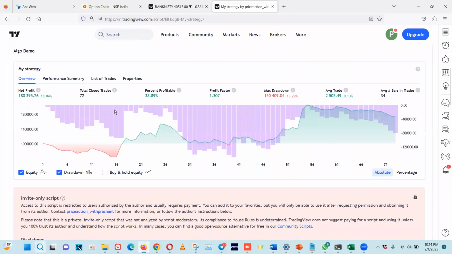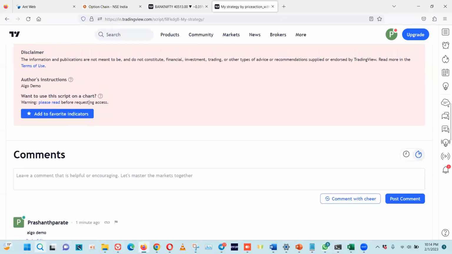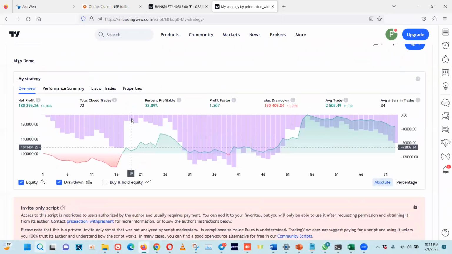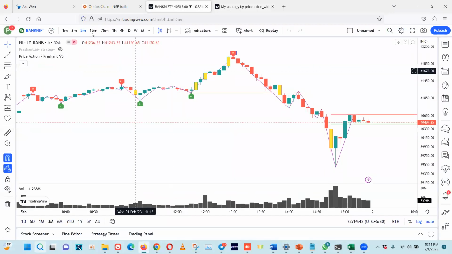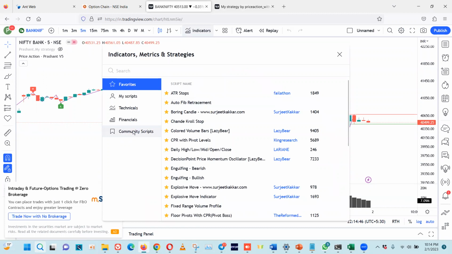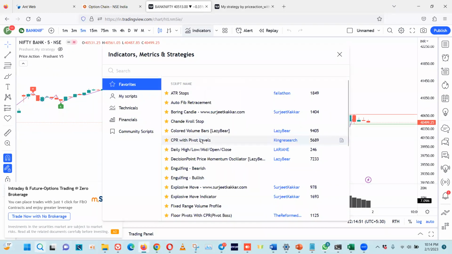From here, this is another account from where I have requested a demo. So add to favorites. What is the name of this? My strategy. Now if I go to indicators, favorites.